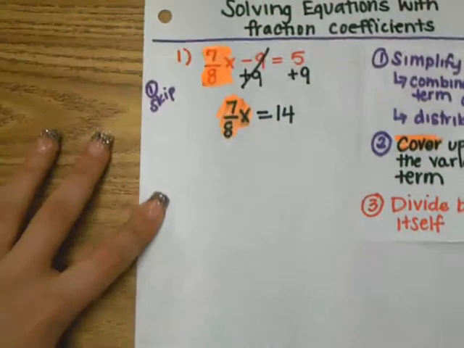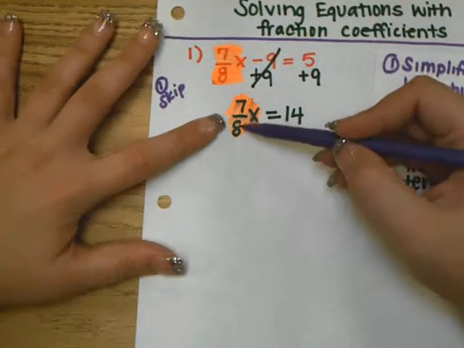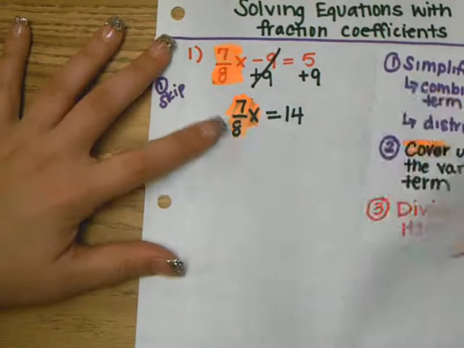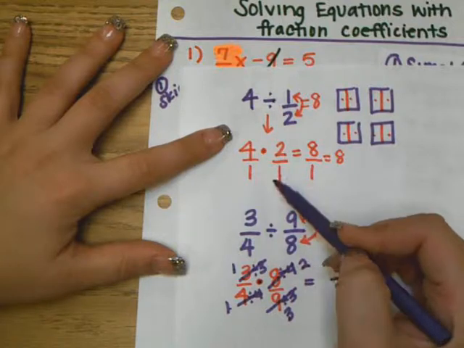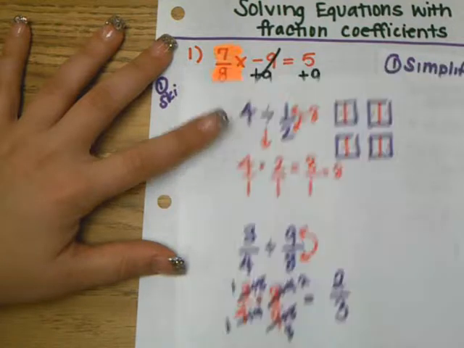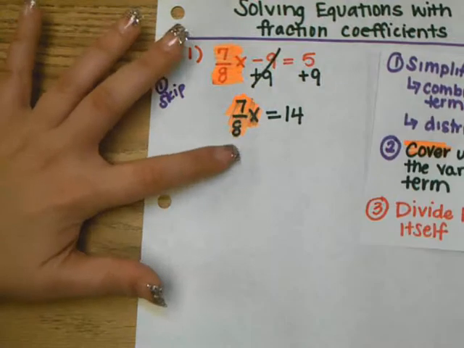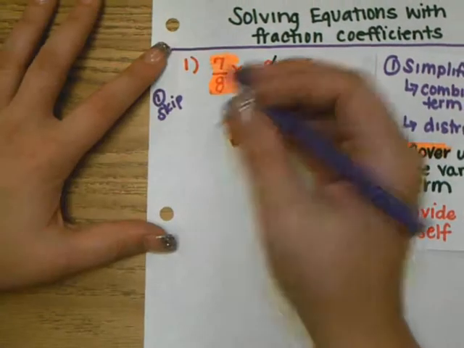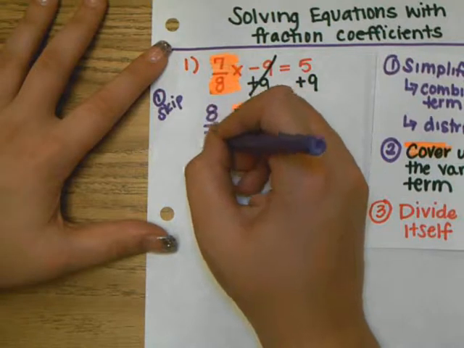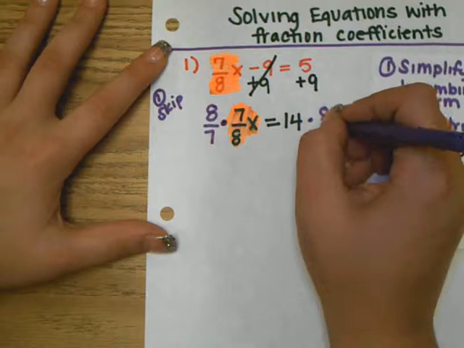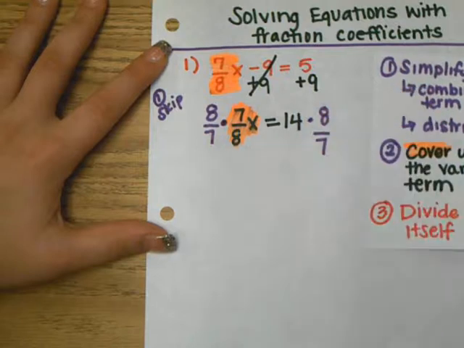Okay, so now let's take that knowledge, and we understand we're not going to divide. Instead of dividing, it's the same thing as multiplying by the reciprocal, if you flip those over. So instead of dividing by 7/8 to both sides, we're going to multiply by the reciprocal to both sides.